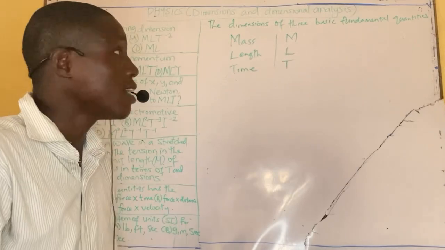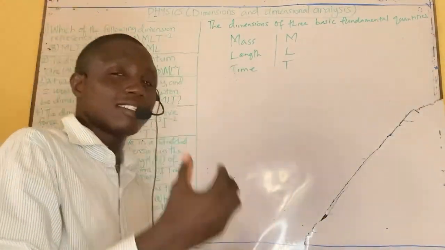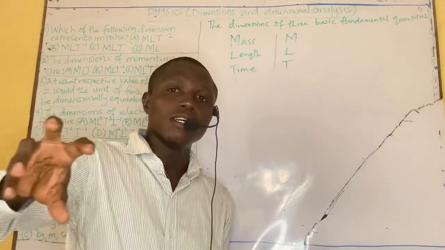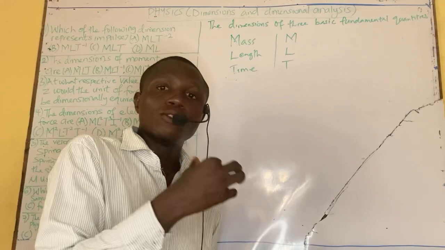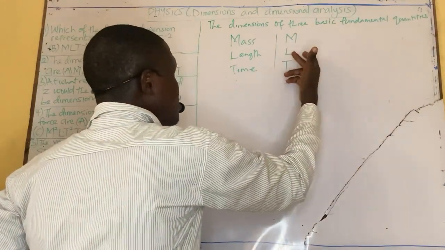I repeat myself again: dimensional analysis is the way by which other physical quantity is related to the dimension of mass, length, and time.